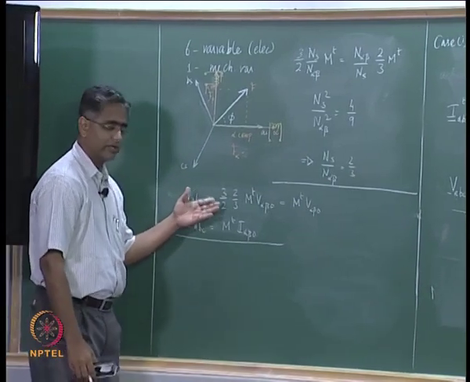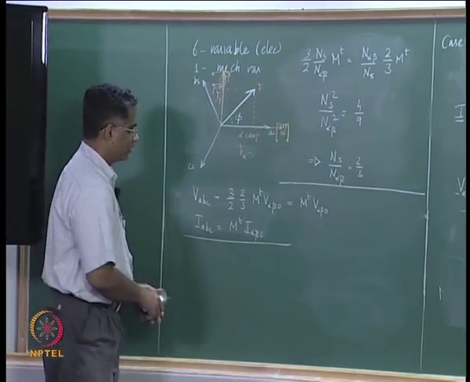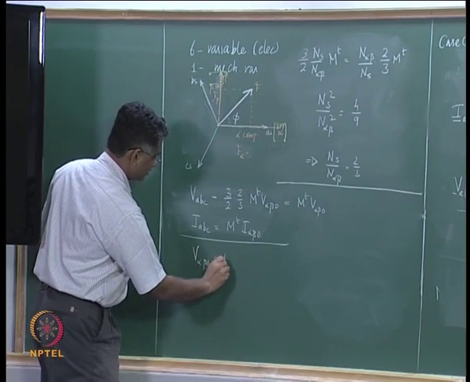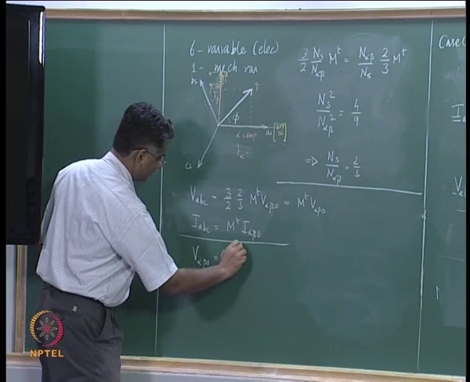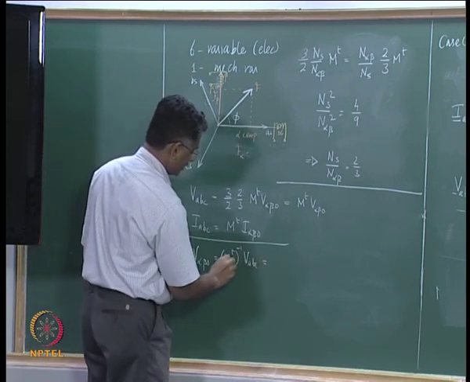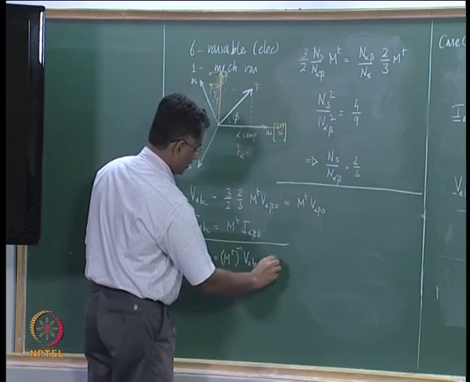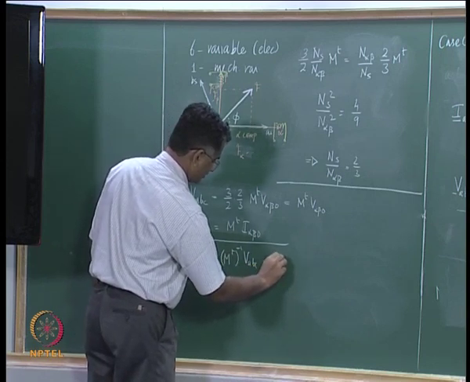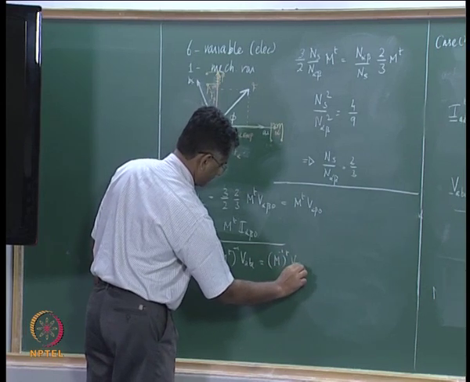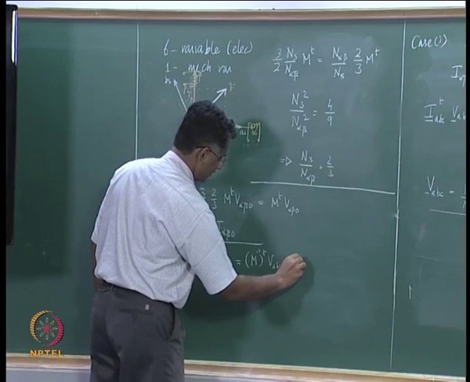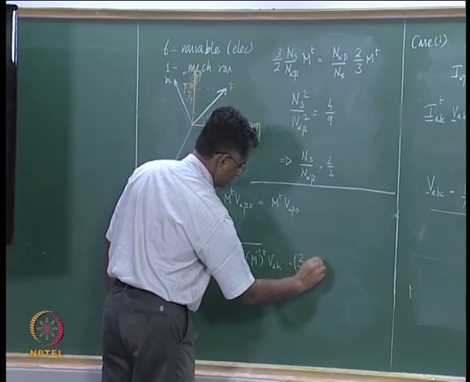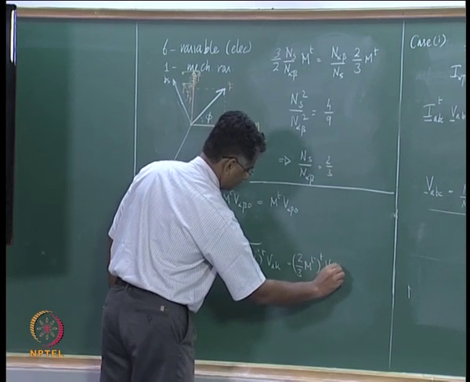One can now look at the inverse also, then V alpha beta 0 is equal to M transpose inverse into V ABC, which is then M inverse transpose into V ABC, and M inverse is nothing but 2 by 3 M transpose into V ABC.